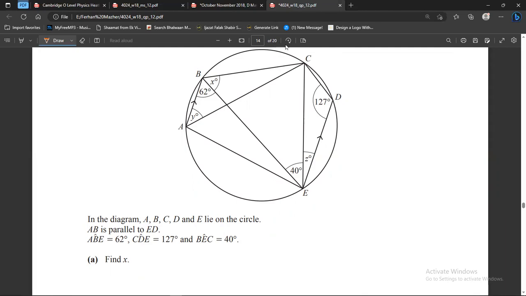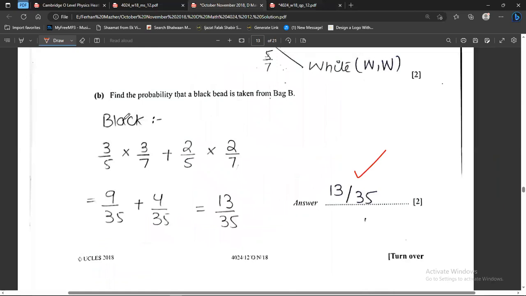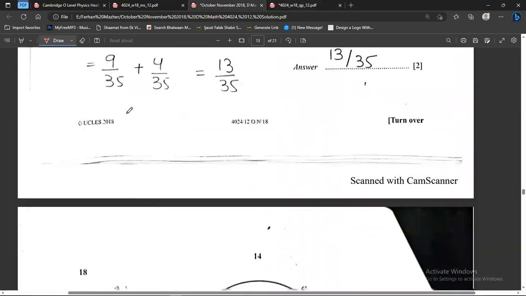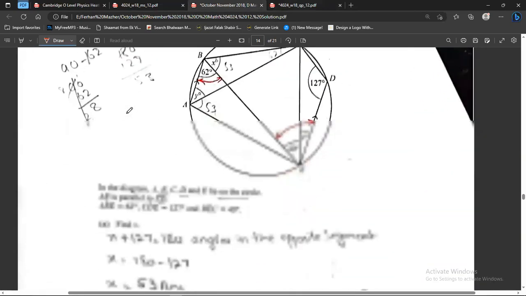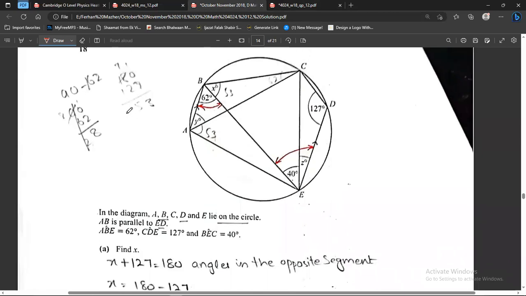Can you see this BCDE? BCDE is a cyclic quadrilateral, and X plus 127 will be equal to 180. The angles in the opposite segment are supplementary.